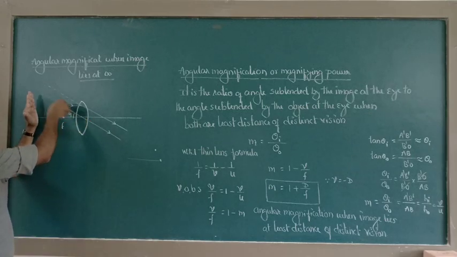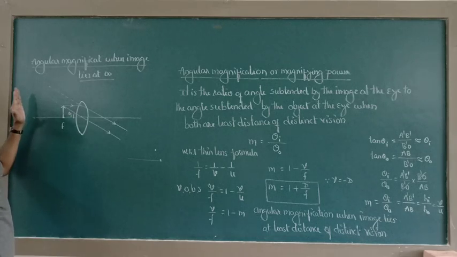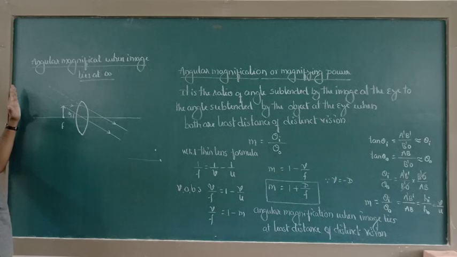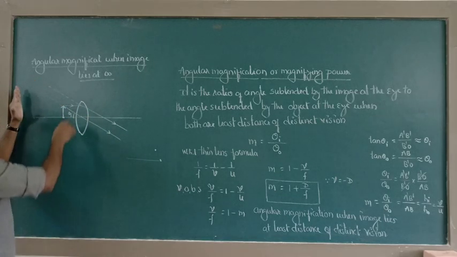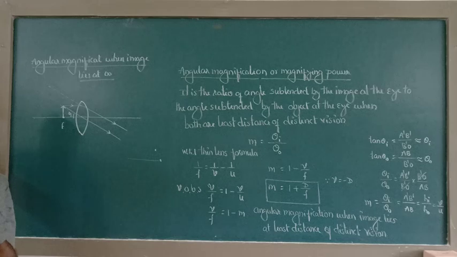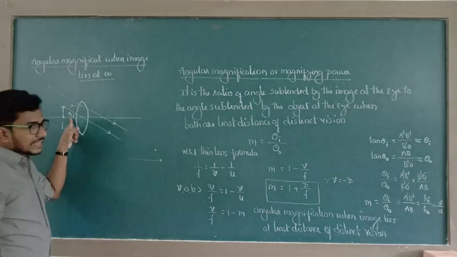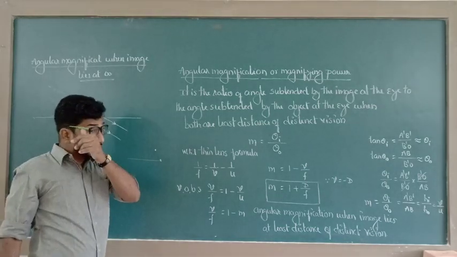Again, this segment touches this image, and the angle made by the image is theta I. Next, I consider the image at this point. Again, this ray touches this image, and the angle made by the image is theta I. Even when the image is at infinity, it is theta I.